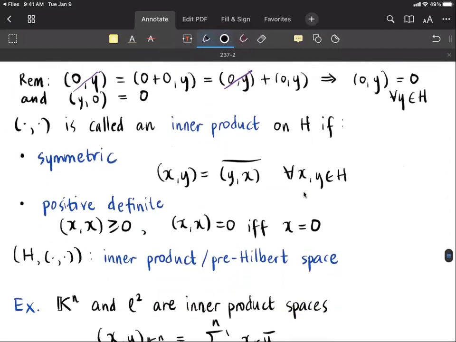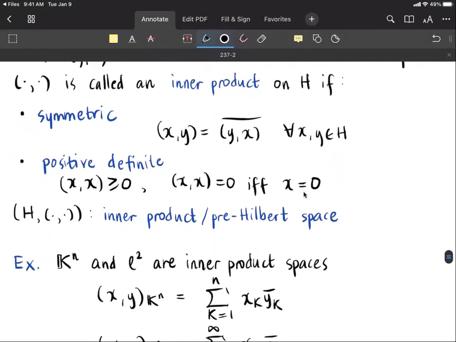Now, what is an inner product? An inner product is a sesquilinear form that is symmetric and positive definite. Symmetry means that if I interchange the arguments, I should get the conjugate of that.